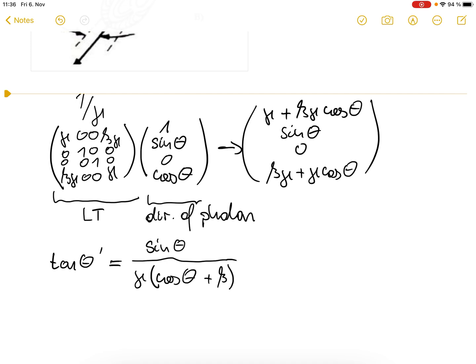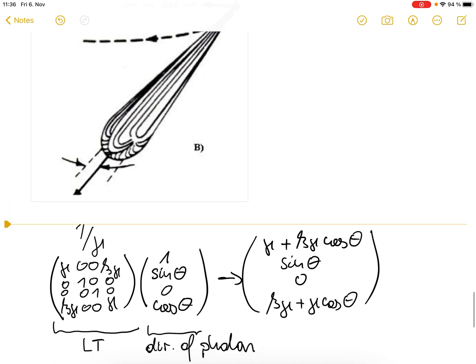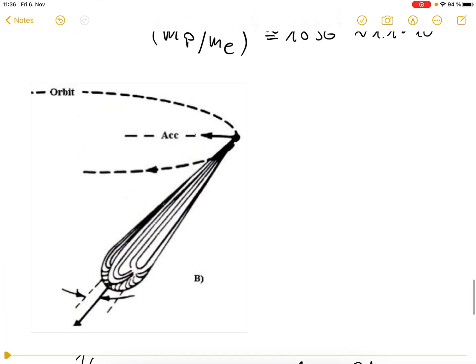So what you see here is, first of all, the transformation of the angle has the correct limit if beta goes to 0 and gamma goes to 1. And you also see that if the gamma factor in the denominator is large, the tangent is reduced and the radiation is collimated very strongly in the direction of movement.